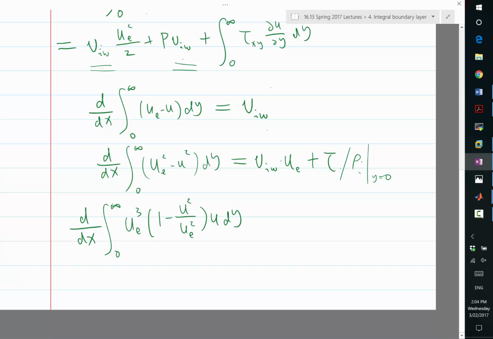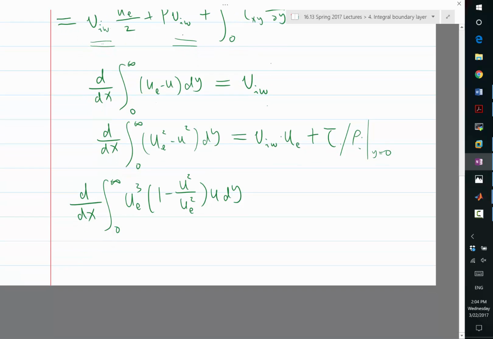If you pull this ue cube out of this equation, you get the kinetic energy thickness, which is defined as theta star, the integration from 0 to infinity of 1 minus u over ue times u over ue dy. So this is what we are trying to derive.